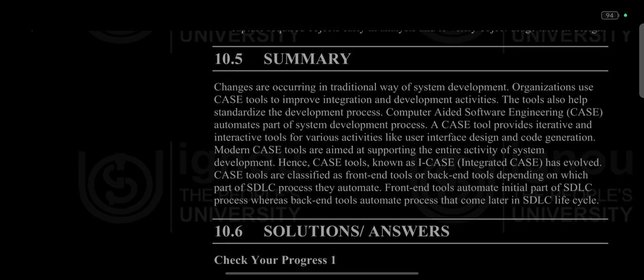Let's see the summary. Changes are occurring in the traditional way of system development. Organizations use CASE tools to improve integration and development activities. The tools also help standardize the development process. Computer aided software engineering, CASE, automates part of the system development process. A CASE tool provides iterative and interactive tools for various activities like user interface design and code generation.